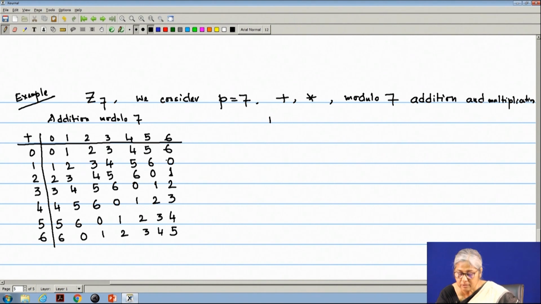So, addition modulo 7, this table will be. Now, if I consider the multiplication modulo 7 on Zp.